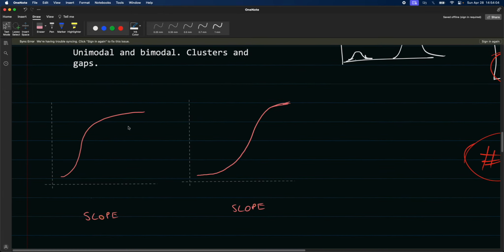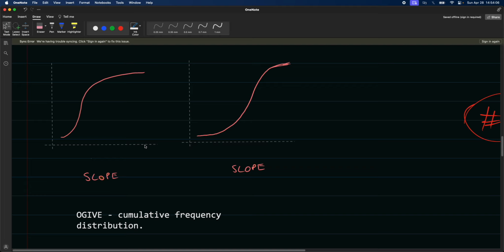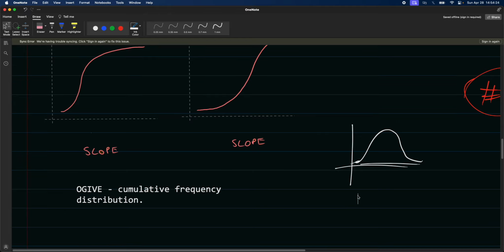So what it's telling you is, okay, say you have a bell-shaped distribution, right? Now if I asked you to make an ogive of this, the question really is, say you're just a tiny point over here, starting at the start of the distribution.